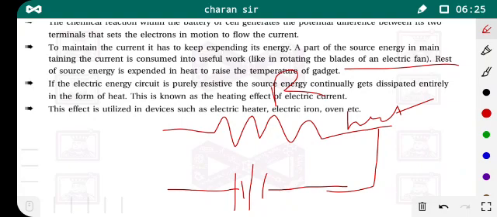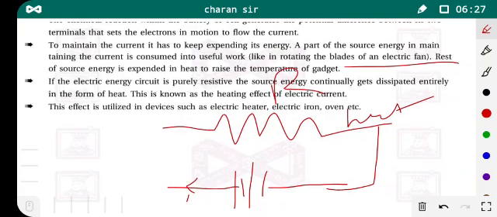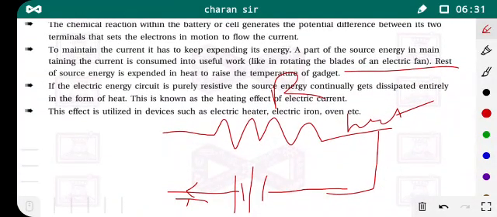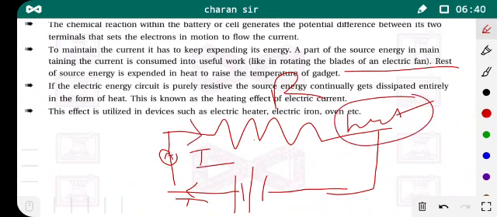When we connect the battery, electric current flows through the resistor, and when current flows through the resistor, it produces heat. So most of the energy of the battery is expended as heat. This phenomenon is known as the heating effect of electric current.